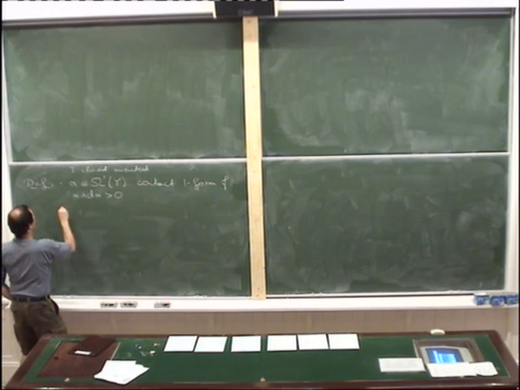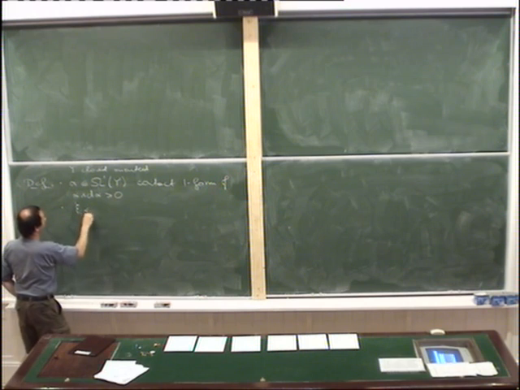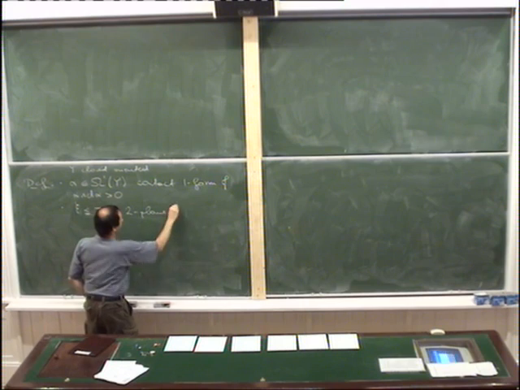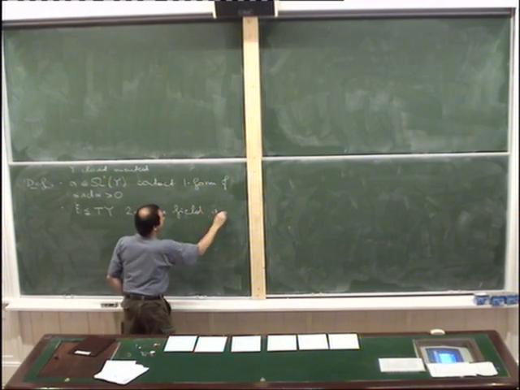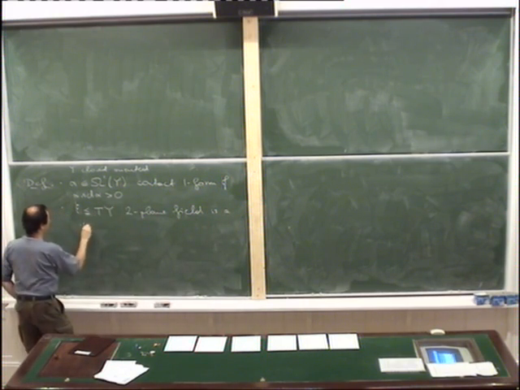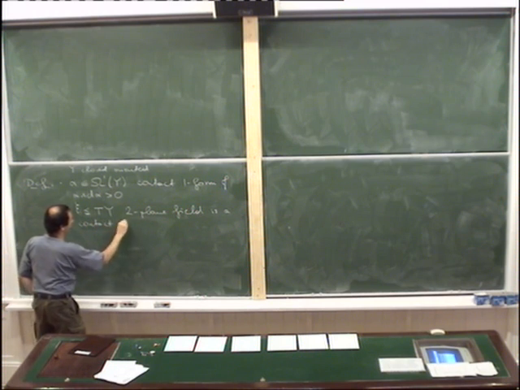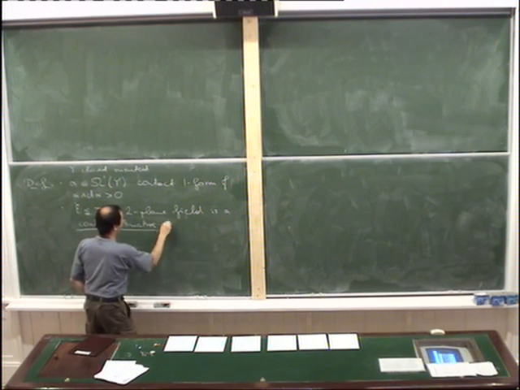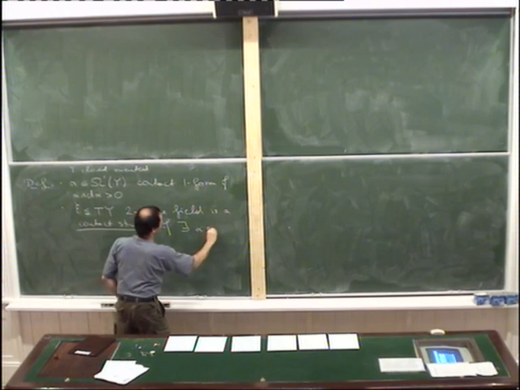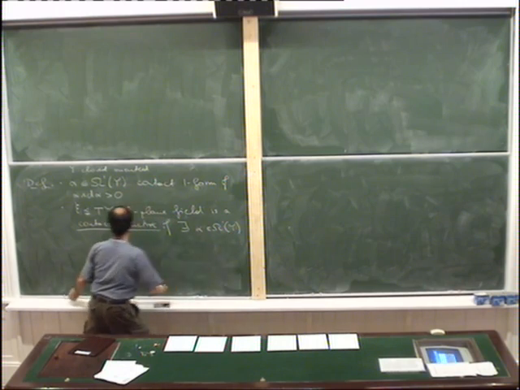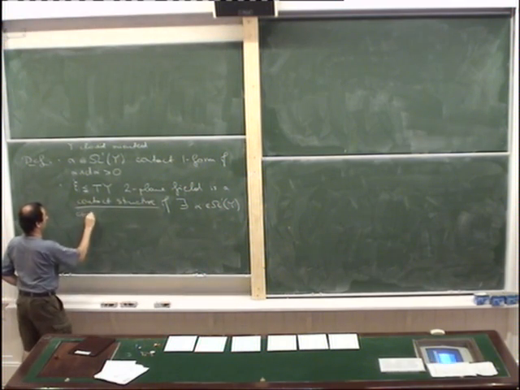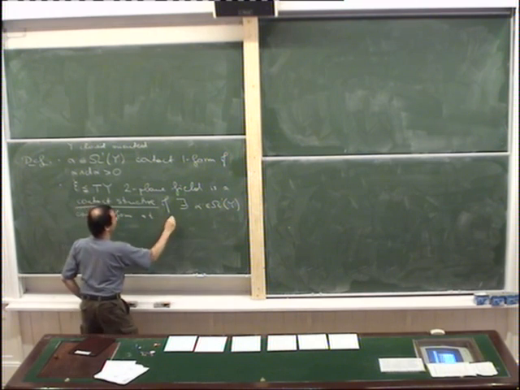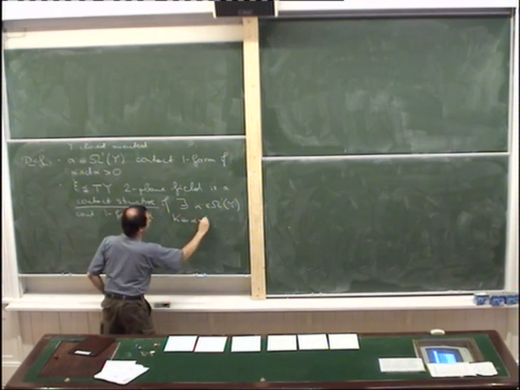Okay, and the next definition is that Xi, a two-plane field, is a contact structure if there is a contact one-form alpha such that the kernel of this one-form is exactly Xi.